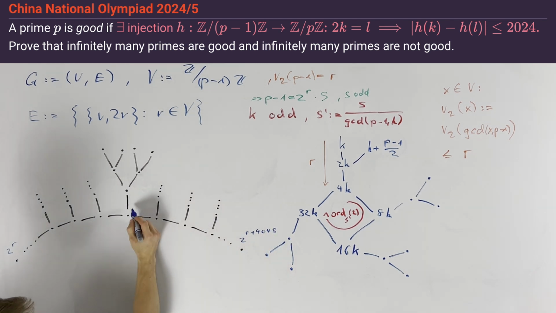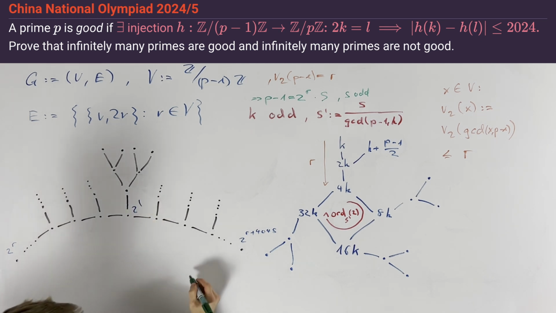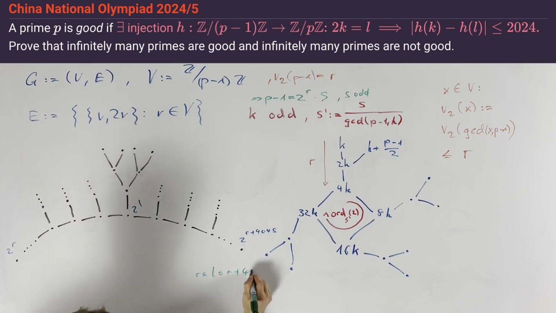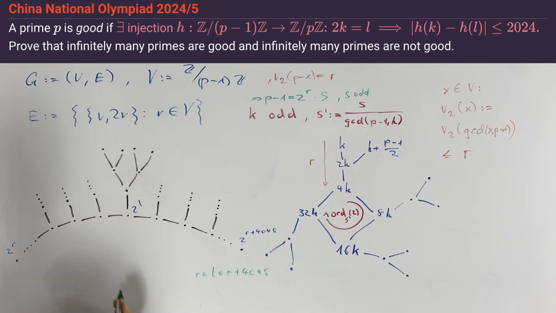Let's consider one of the vertices 2 to the l, where we want to have that r is less than or equal to l less than or equal to r plus 4048.